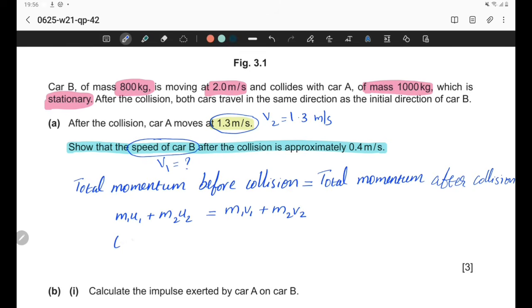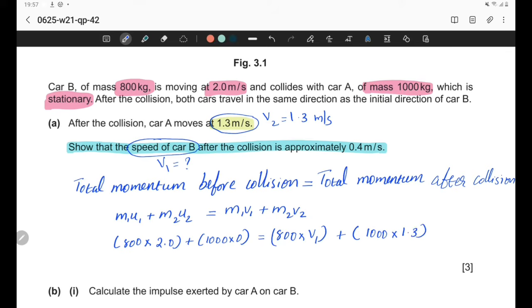So we have mass of the first car m1 is 800 times u1, its initial velocity is 2, plus m2 is 1000 times u2, its initial velocity is 0, which is equal to again m1, the mass of the first car, 800 times v1, which we don't know, that is the final velocity of car B, which we need to calculate, plus m2, mass of car A, which is 1000, times v2, the final velocity of the second car, which is given as 1.3.